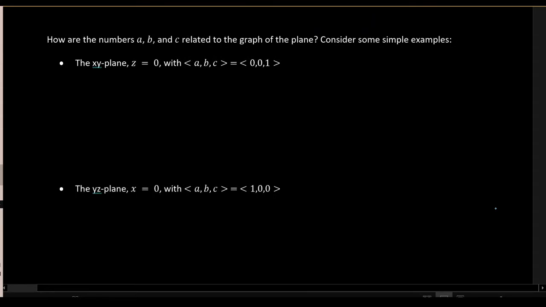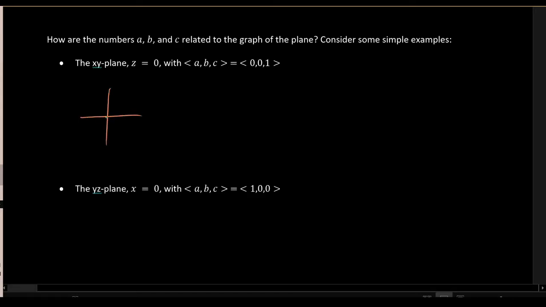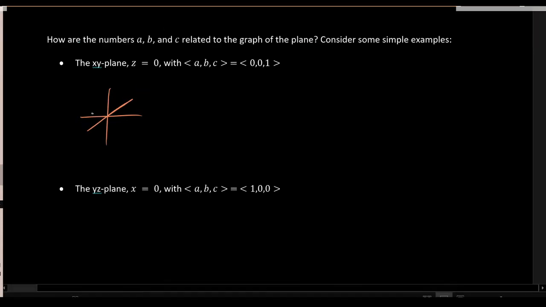Now, for a simple example, let's just consider the xy plane. The characteristic of all the points on the xy plane is that for all such points, the z component is 0. So I've sketched that plane in blue below.